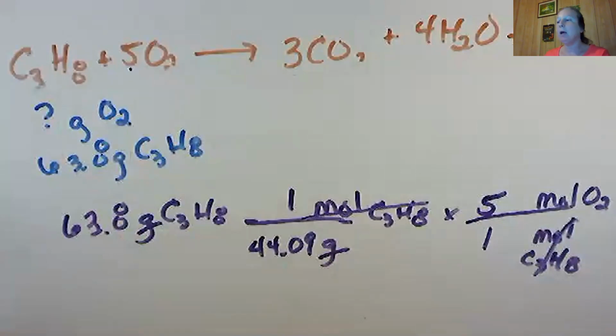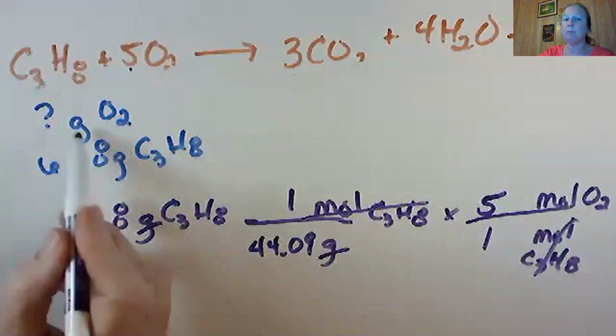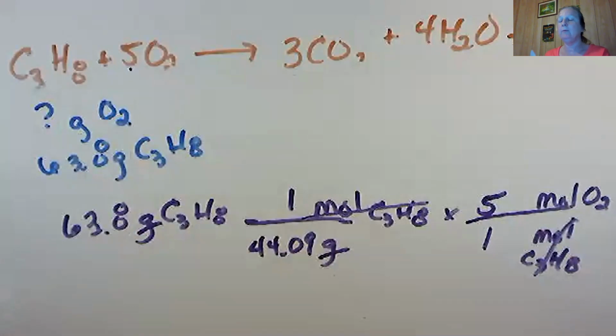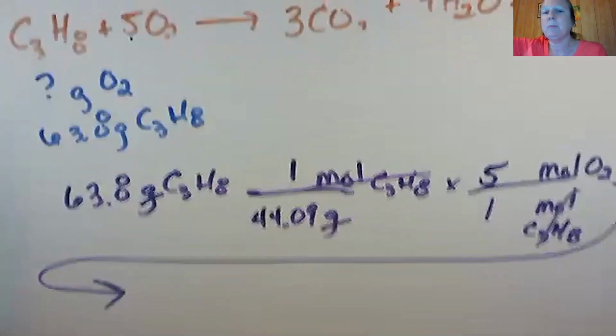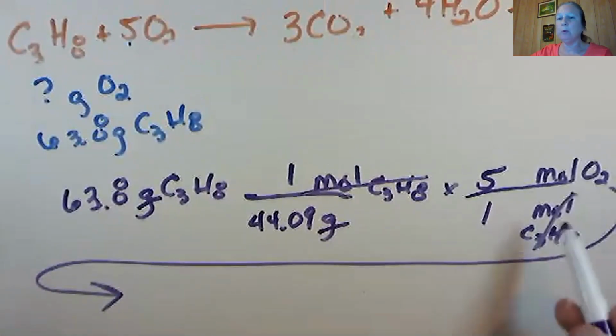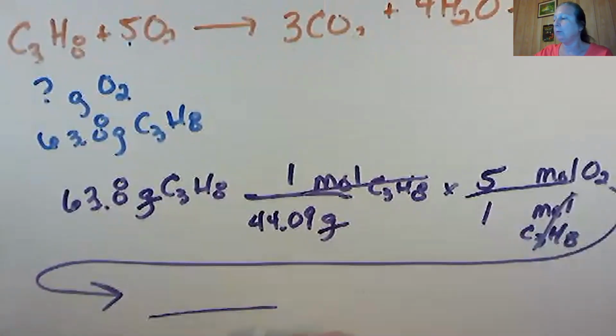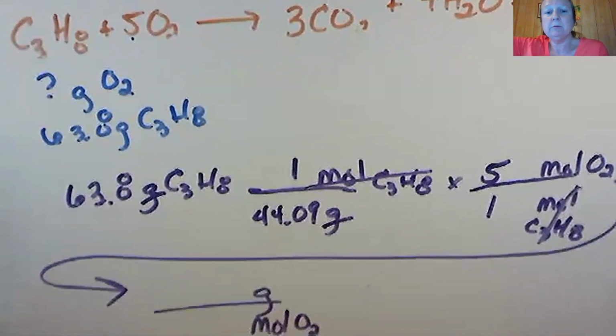Okay, but the question did not ask for moles, it asked for grams. Very important to go back and look at what the question is asking, or you will get it wrong, especially if it's multiple choice. There is no partial credit on the final. So I have moles of oxygen. I now need grams of oxygen. So of course, we're going to put our moles down here and our grams, that's the molar mass.